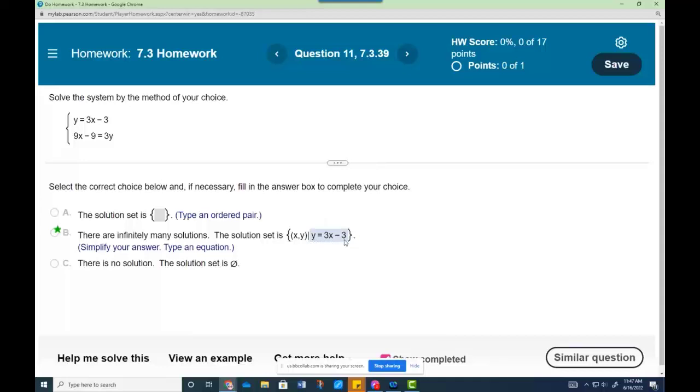The equation you need to write is one of the given equations solved for y. Now, in this particular case, the first equation already has y equals, so it could just be typed into the box. However, if you had two equations where neither one of them said that, you would simply need to rearrange one of the equations for y equals mx plus b. And that's what you need to type in the blank when there are infinitely many solutions.